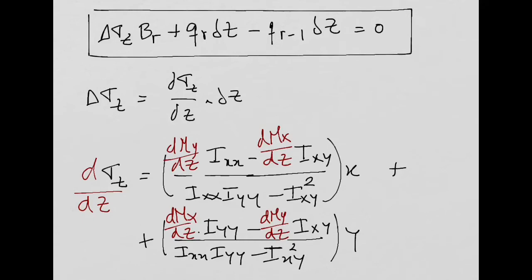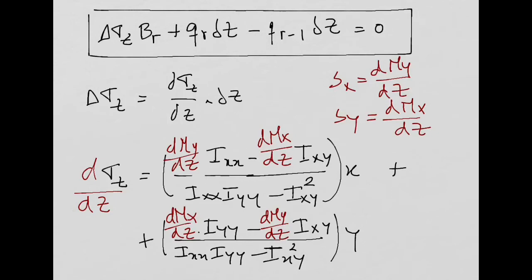And now there's one more thing I know: the transverse shear force Sx is going to be equal to the derivative of the bending moment, and the transverse force Sy is going to be equal to the derivative of this bending moment.